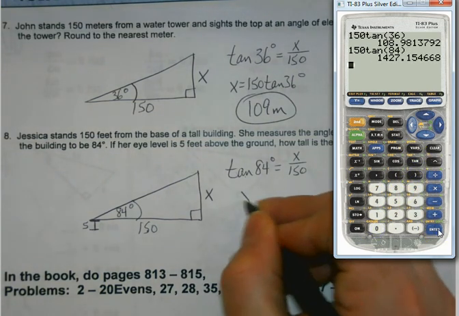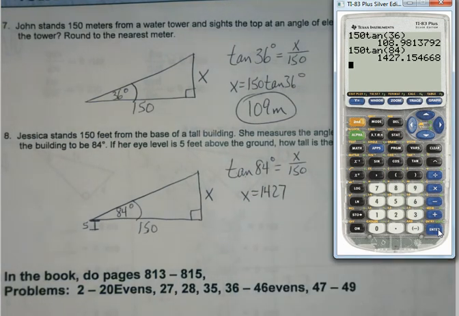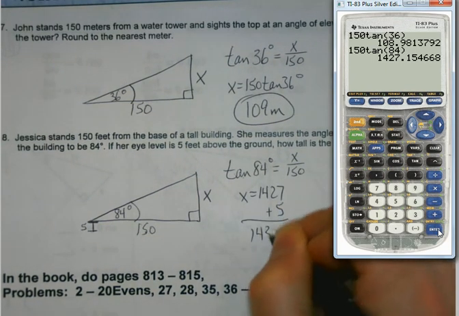So if we were going to the nearest whole value, we'd be at like 1427. But then I'd have to remember, that's from her at eye level, and they said her eye level was 5 feet above the ground. So I'd have to add 5 to it.